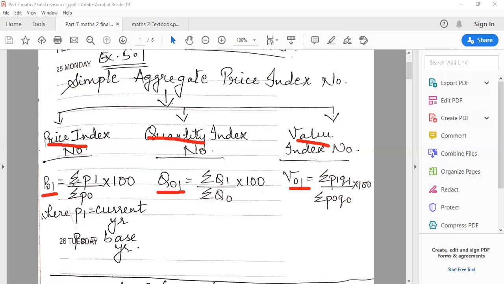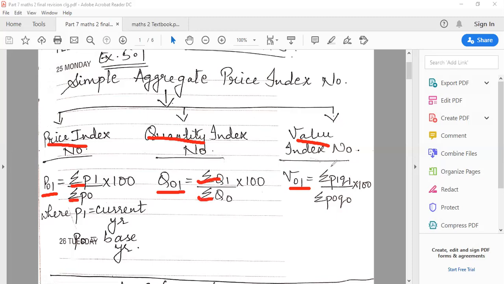The formula goes summation P1 upon summation P0 into 100. The sign summation is very, very important. Keep that in mind. Moving forward to the second formula, quantity index number: summation Q1 upon summation Q0 into 100.